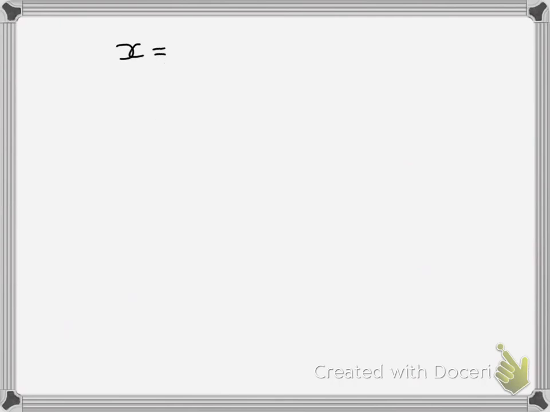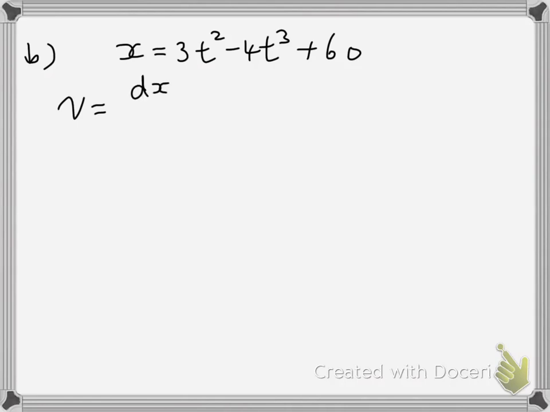Because x is 3t squared minus 4t cubed plus 60, what is the velocity? The velocity is dx dt, yes? Correct? Which is 6t minus 12t squared, correct? So you say velocity is 0.